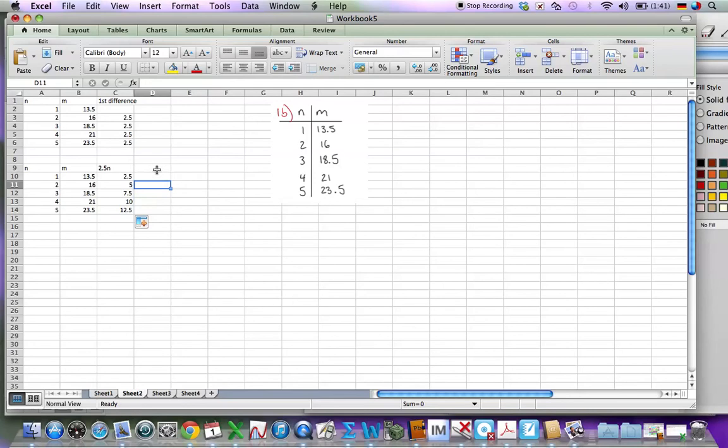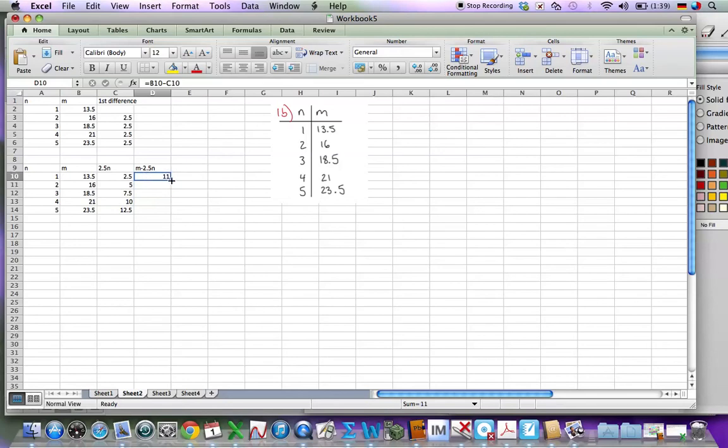Okay, and so now to see what else is in the formula, I'm going to do m minus 2.5n. So I'm going to do this column minus this column equals m minus 2.5n.